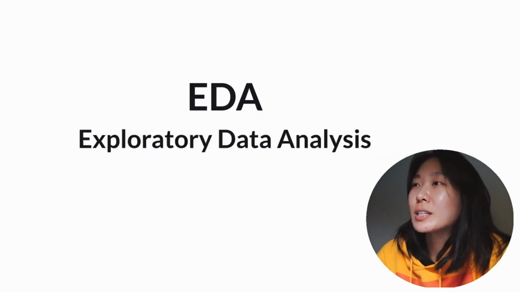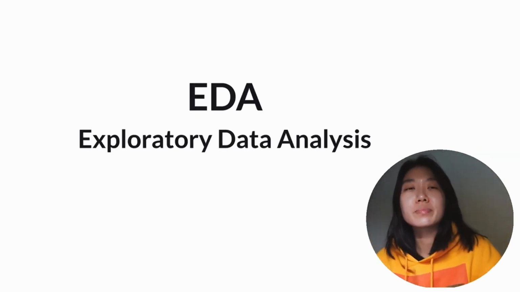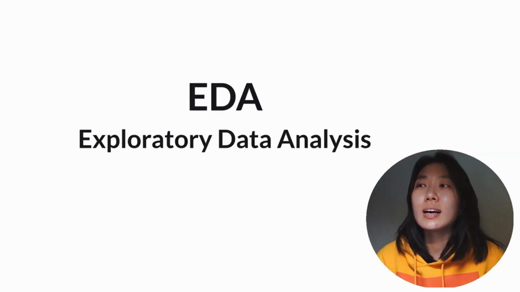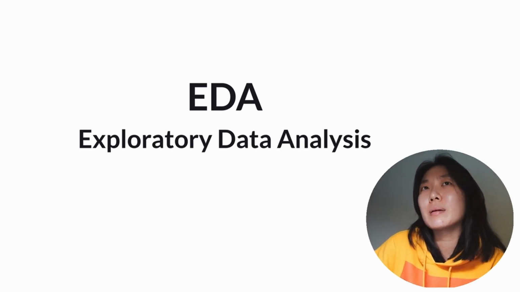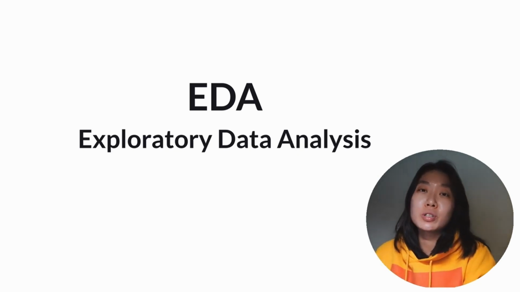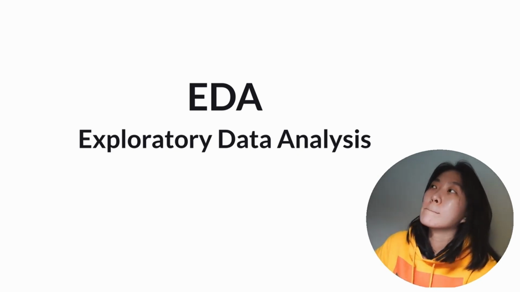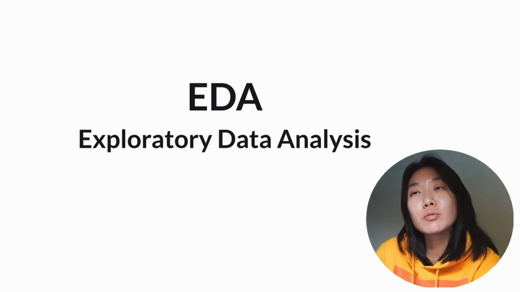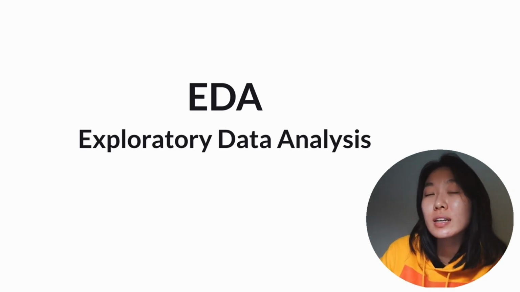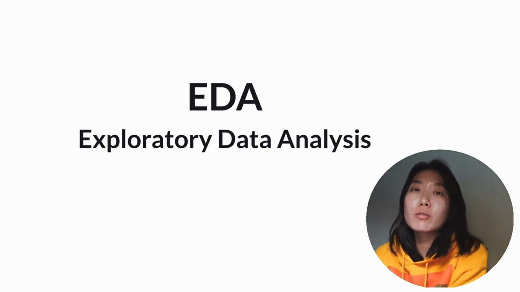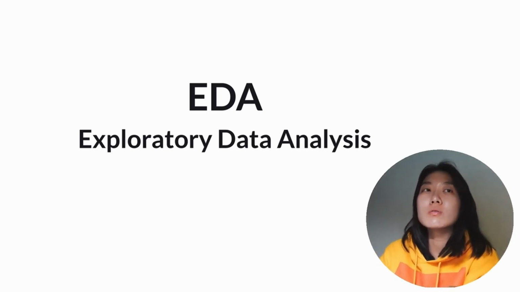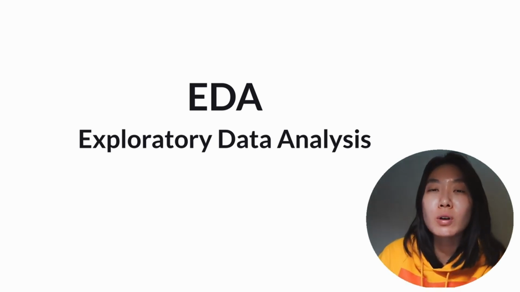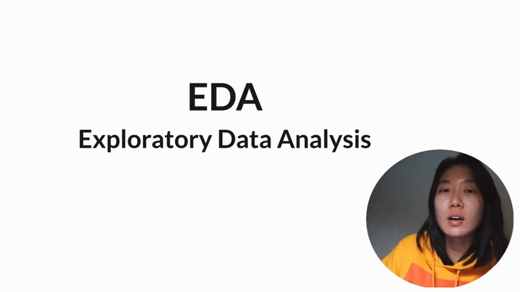The next slide is EDA. What is EDA? Exploratory data analysis. It's sort of similar in meaning to feature engineering, in that you are trying to understand the data. EDA is more about understanding the data: you plot graphs and do some analysis to understand more about your data.